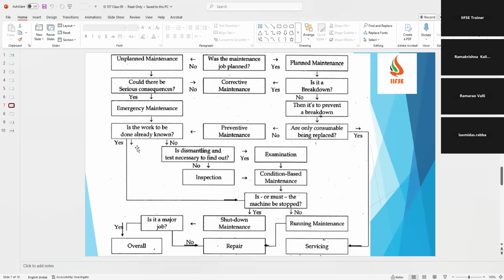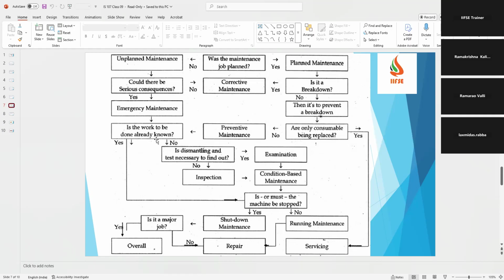Then it will go to: is the work to be done already known? Sometimes we may not know what to be done. Maybe it is a special case. Maybe even the maintenance manager has never seen such instances. The fire pump works well every day. Unfortunately, on a bad day the pump is not working, and he is not familiar with it.